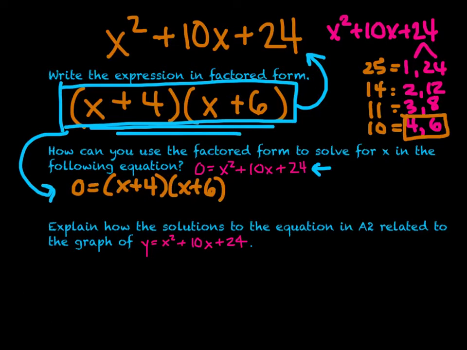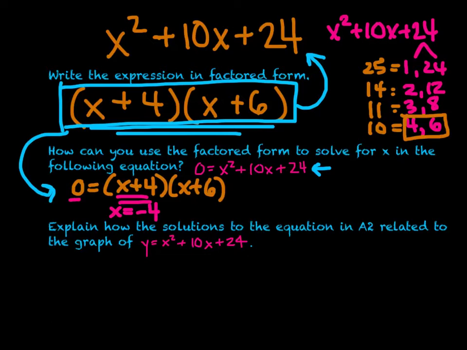So if 0 is equal to x plus 4 times x plus 6, we can essentially think, all right, what number right here would have to be in x's place to make this side equal to 0? Well, x would have to equal negative 4 for that to happen. Negative 4 plus 4 equals 0. And 0 times anything is going to be equal to 0.